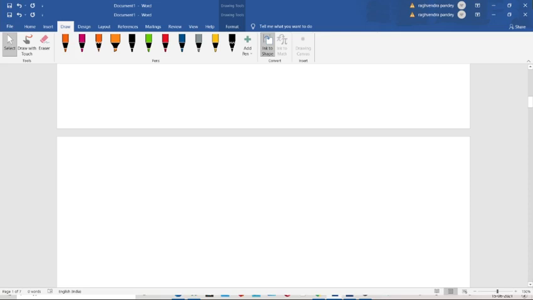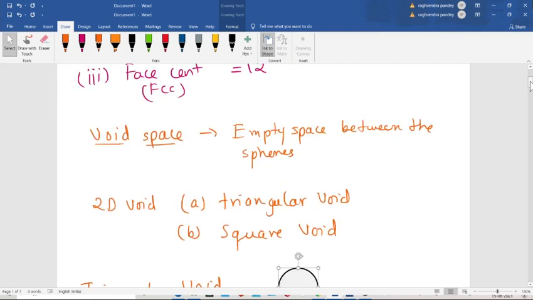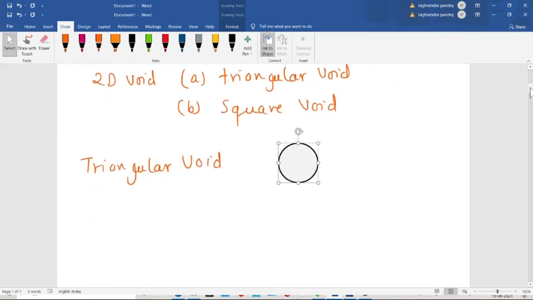I'm sorry, my pen fell down. So let's take these 3 spheres, and we can arrange them here.